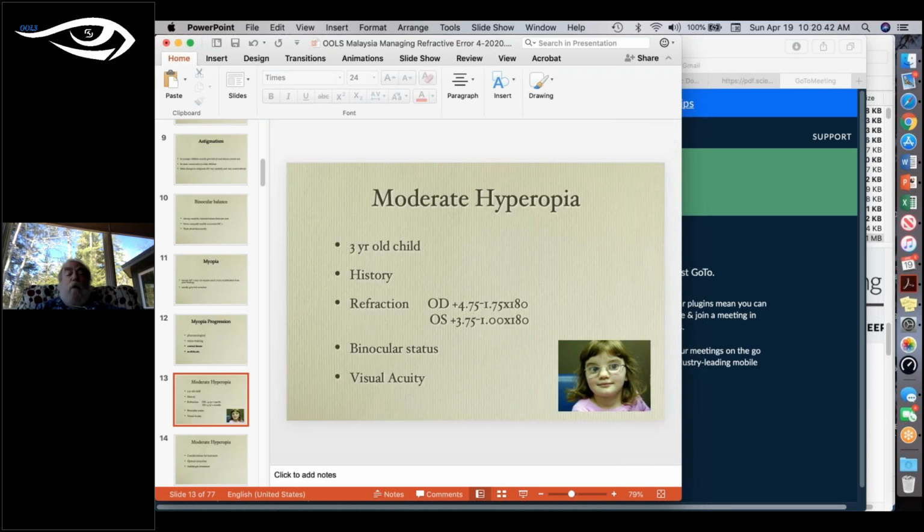I want to see if, number one, the kid's wearing the glasses without too much difficulty, and number two, I want to see what effect the proper correction of the refractive error is having on visual acuity. I would continue doing that until there is no further improvement in visual acuity.